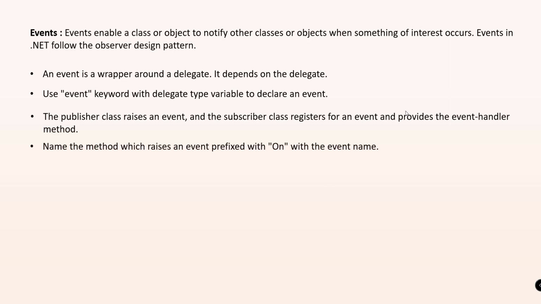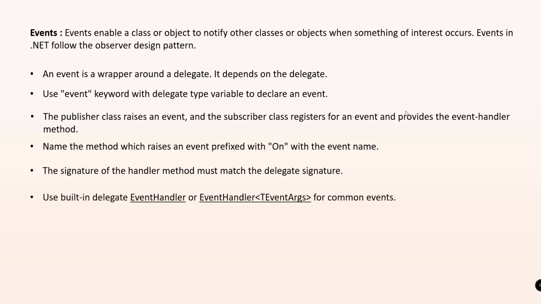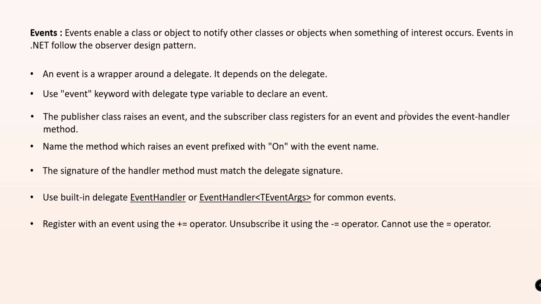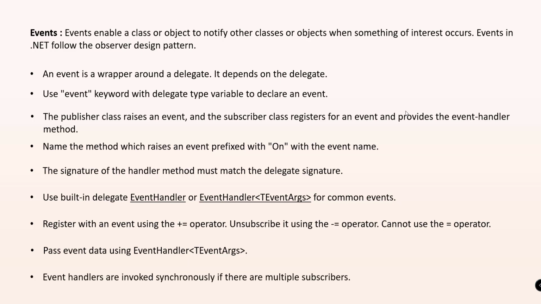We have the standard method on prefix with the method name where we invoke our events. The signature of handler must match with the delegate signature. We also covered that. Use built-in delegate event handler and event args for common events. We use that. Register an event with the plus equal to operator. Pass event data using event handler. That's what we have done in the last method.